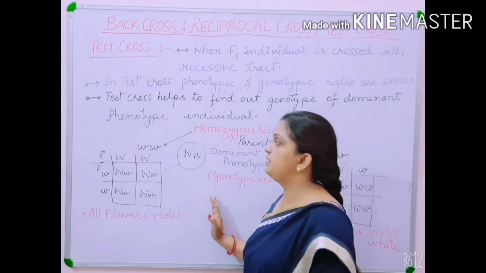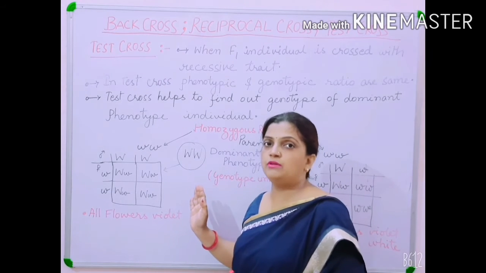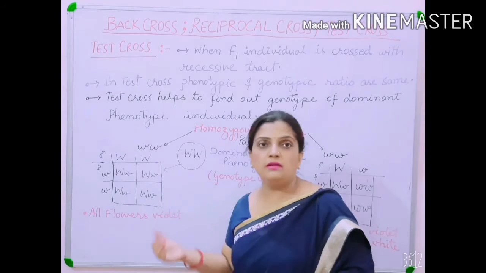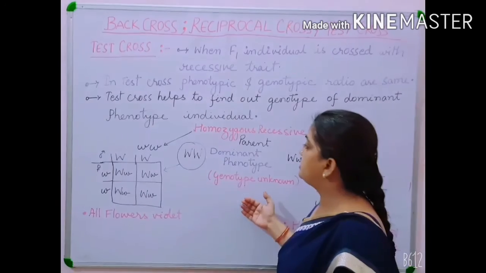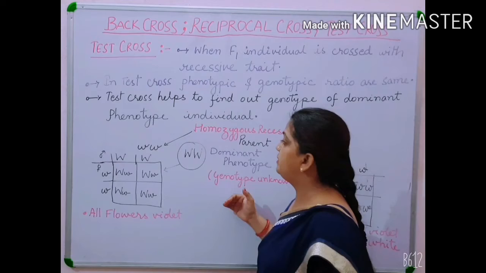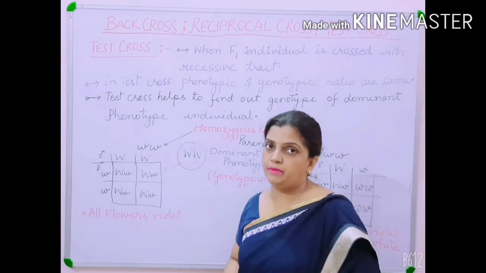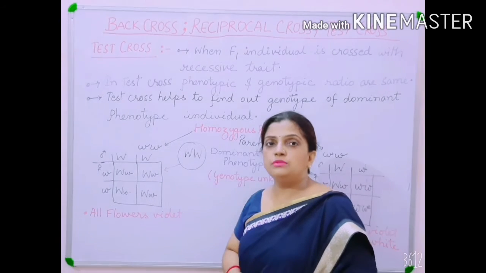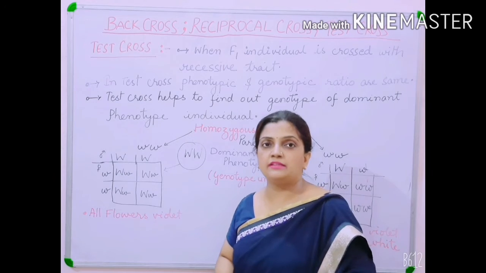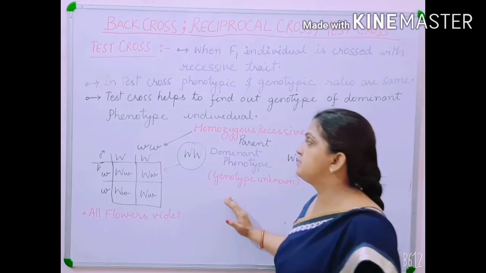But in this part, I will be explaining by taking the example of a flower. We are going to discuss the example of a flower in a pea plant, and you know that Mendel took flower as one of the characters also.